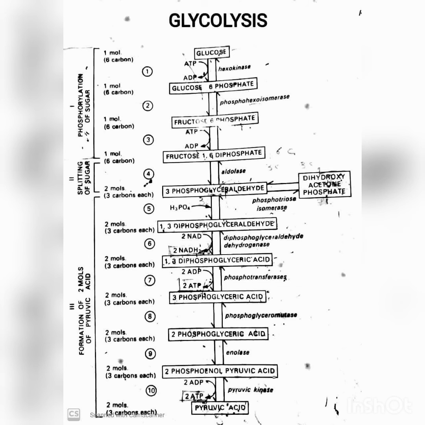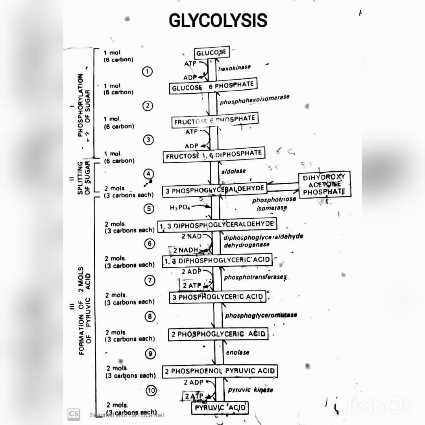Now the summary of glycolysis. Number 1: from one molecule of glucose, 2 molecules of pyruvic acid are formed. Number 2: in this, 4 molecules of ATP are formed at step number 7 and step number 10.